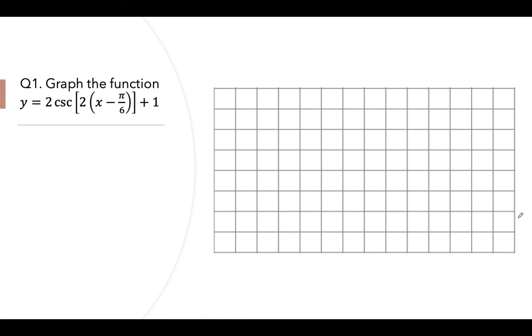Okay, now we are going to practice the transformation of graphing when everything is combined. We have in front of us y is equal to 2 cosecant (2x minus pi over 6) plus 1. First step is to identify all the characteristics.